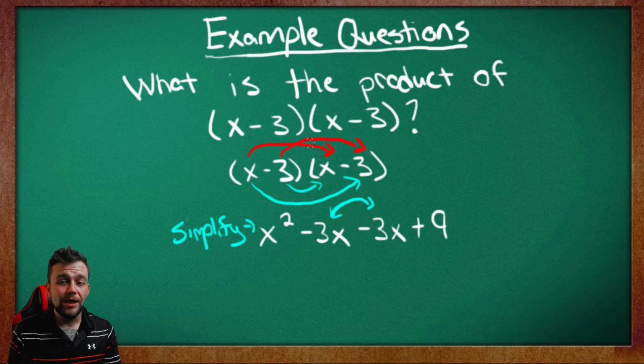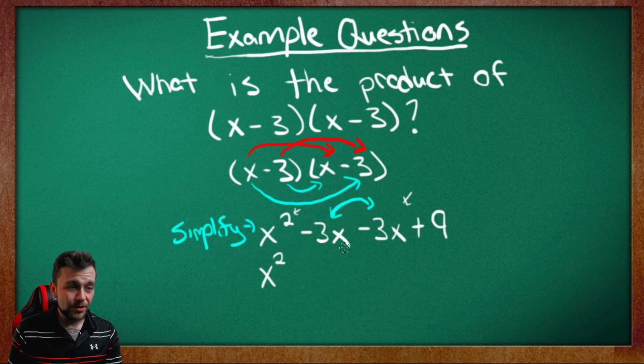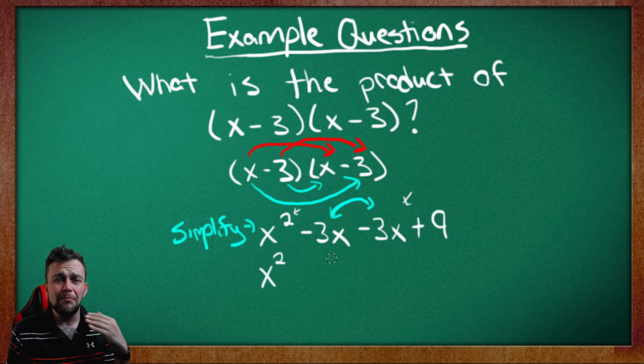We're combining them. When I say combining like terms, notice how this minus 3x and this minus 3x are similar, right? It's not a number by itself, and it doesn't have an exponent. That's very important. So this minus 3x and minus 3x, they are like terms. So when we simplify this, we have x squared, and then what is a minus 3x and a minus 3x? Think more negative.